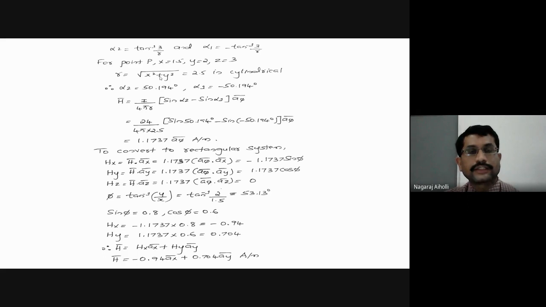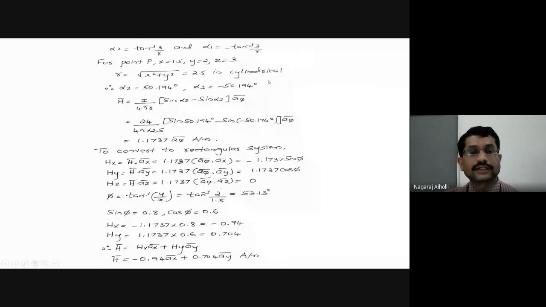So 1.5 square is 2.25, and 2 square is 4. 4 plus 2.25 is 6.25. The square root of 6.25 is 2.5, because the square root of 625 is 25. Therefore r comes out to 2.5.